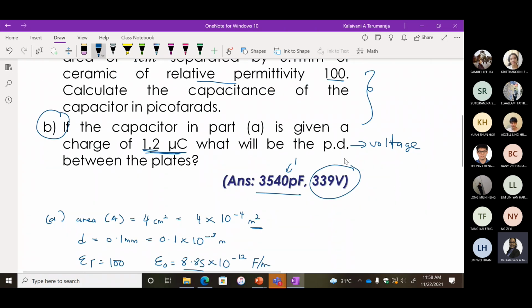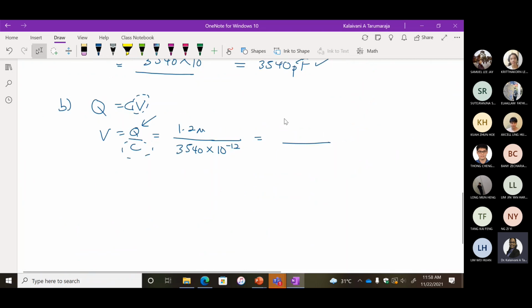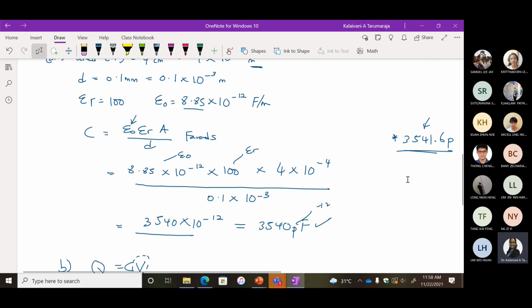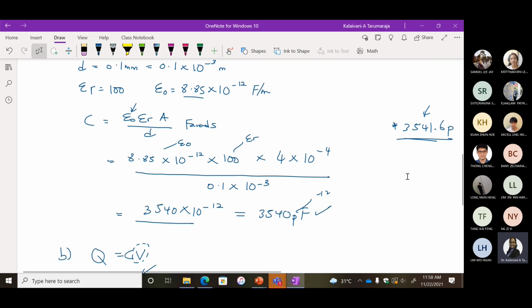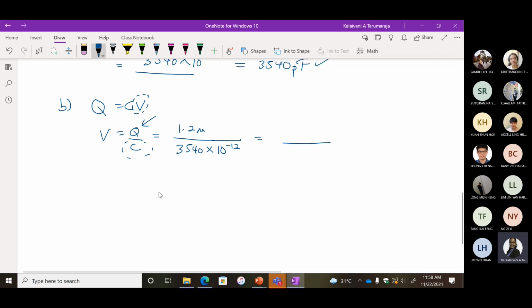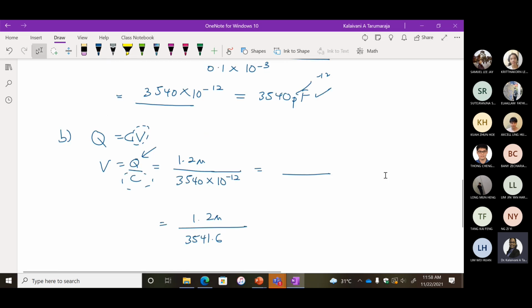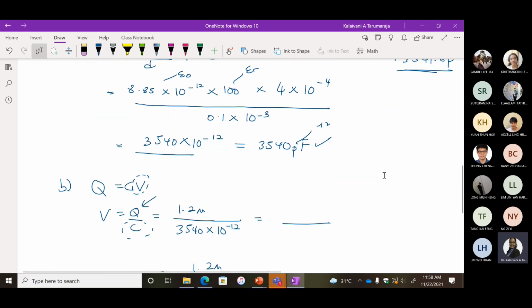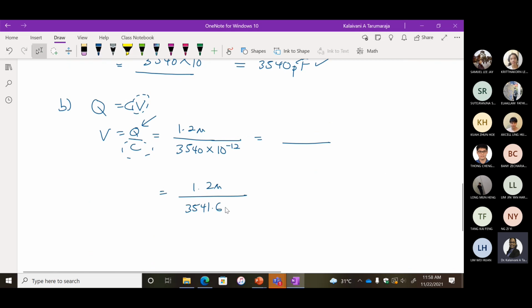Someone calculate and find out whether we get 339 or not. Those with the value of 3541.6 pico, you may calculate too based on your answer. If you get 1.2 micro with 3541.6 pico, what's your answer?